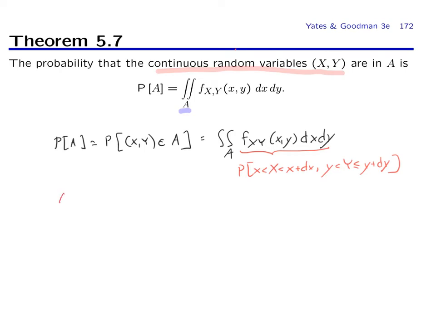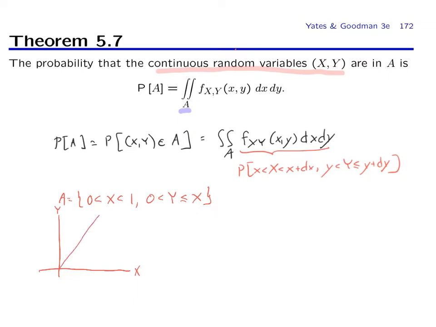For example, suppose A is the set that x is between 0 and 1, and y is between 0 and x. In that case, the region looks like this on the xy plane. We have to label the axes, and we have to be in the upper right quadrant since x and y are both positive.